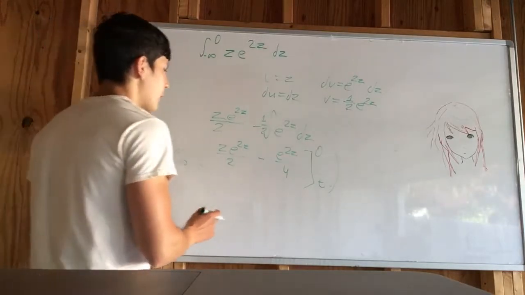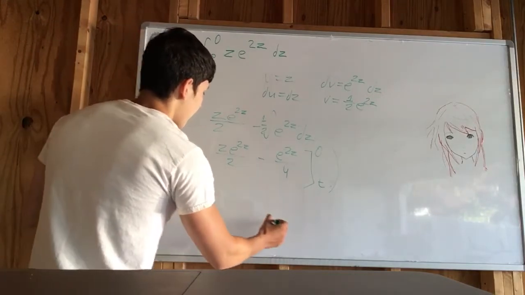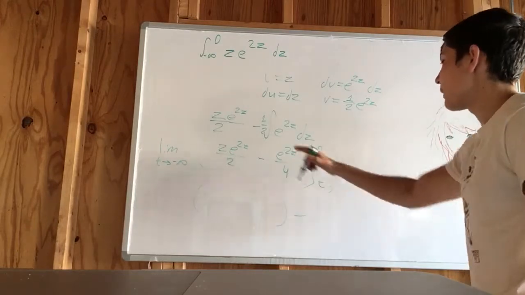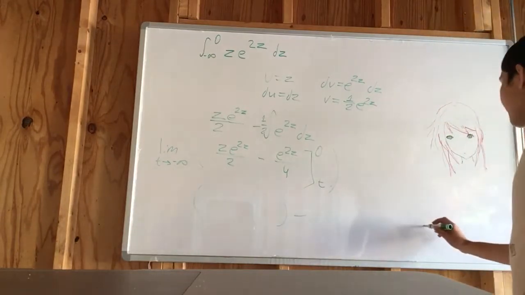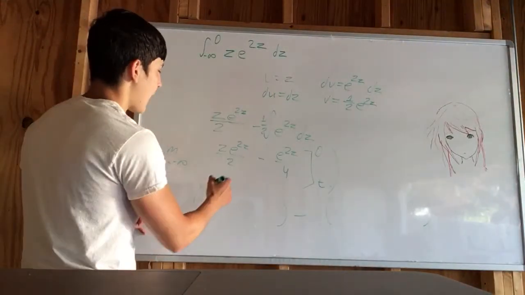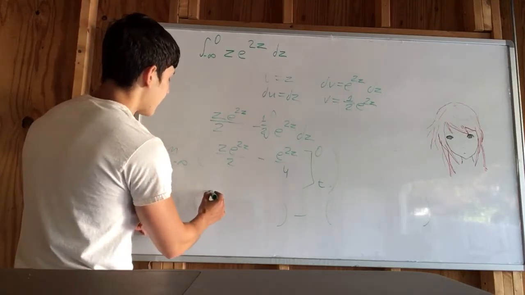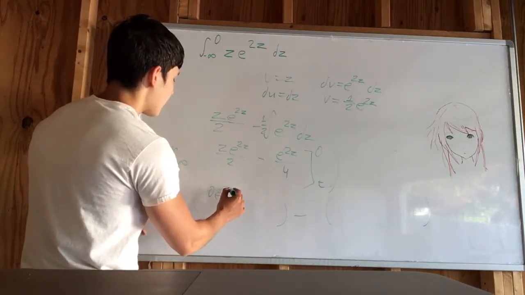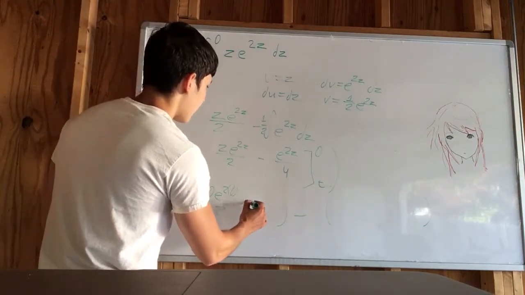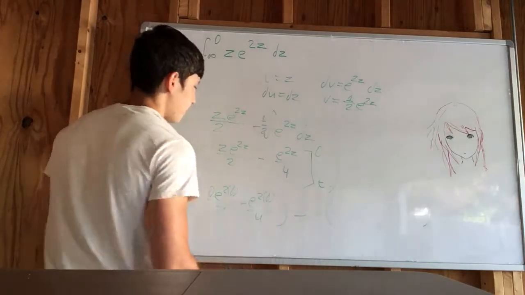We have one in which we have 0 plugged in for z, which is the first one. And we have one in which we have t plugged in for z. And that's the one we're subtracting. And the one in which we have 0, we get 0 times e to the 2 times 0 over 2 minus e to the 2 times 0 over 4.